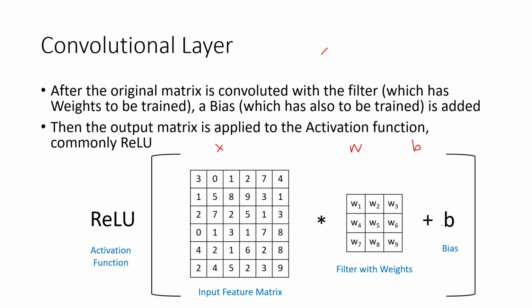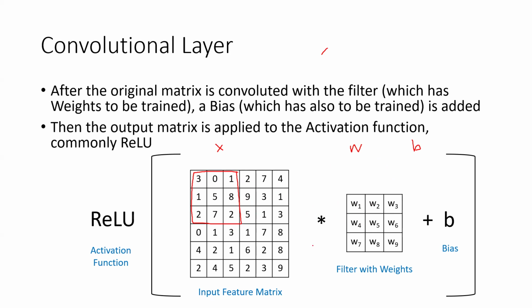In a convolutional neural network, there can be multiple convolutional layers plus some other layers as well, right? We will be learning what the other types of layers are. For now, what you have to learn is that once you have the x values like 3, 0, 1, we multiply each of these values with the w values, right? This is how you apply the filter: 3 times w1, 0 times w2, 1 times w3, 1 times w4, 5 times w5, 8 times w6, and so on.